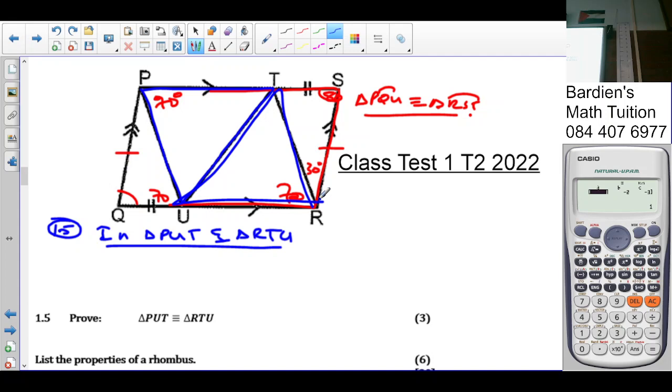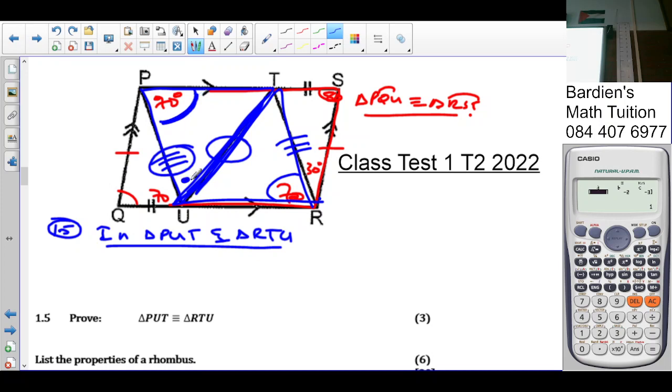So what can we say here from the get-go already? Those 2 angles are equal. What else can we say? UT is a common side. What else can we say? Some of you said that PU is equal to that, which is absolutely correct. However, this is the case of side, angle.